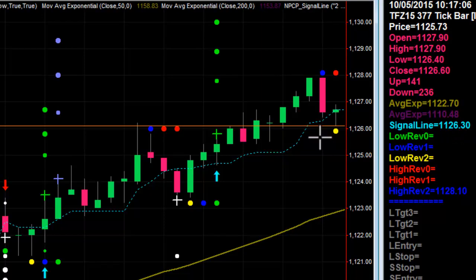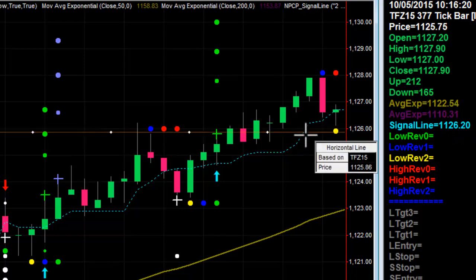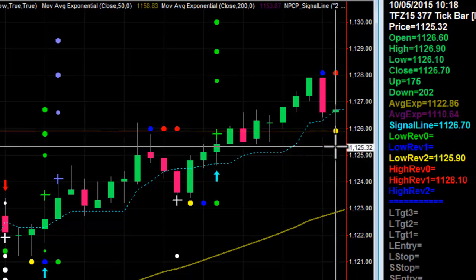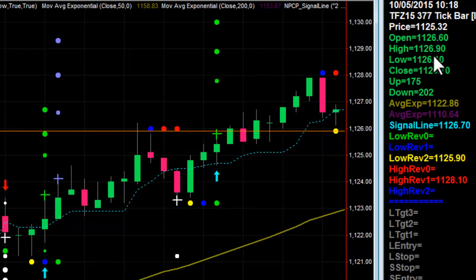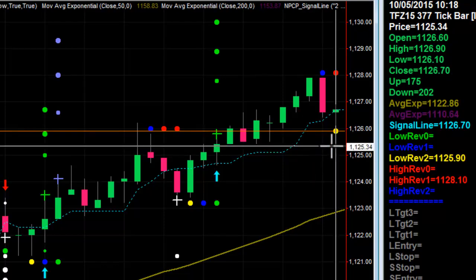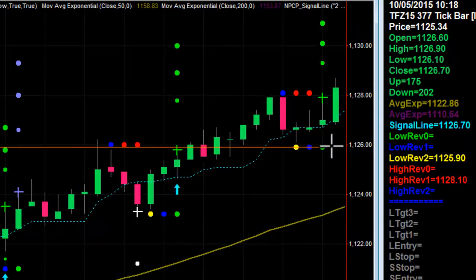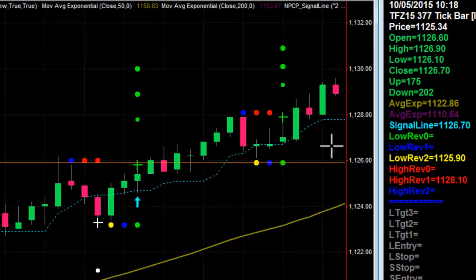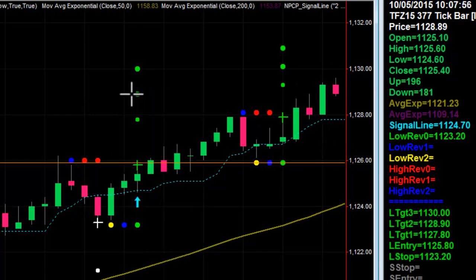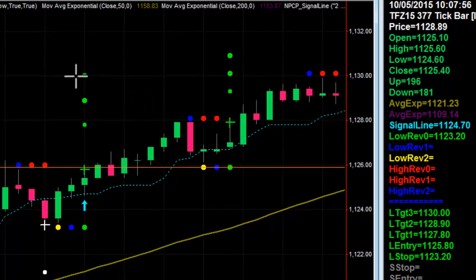Remember, you work around the key level, work around the 0, and it stabs down to 1126.1, and the key level adjustment keeps you in the trade for another bar or more than another bar, because look, it literally keeps it going, and you get a winner to target 2 and a winner to target 3.